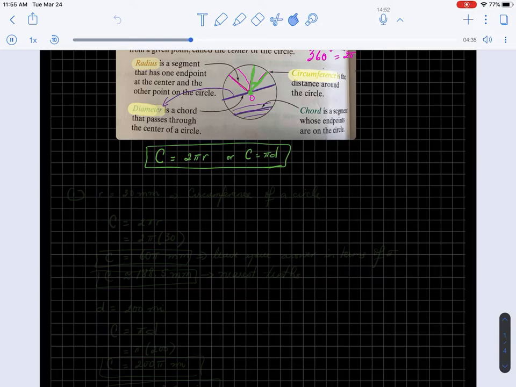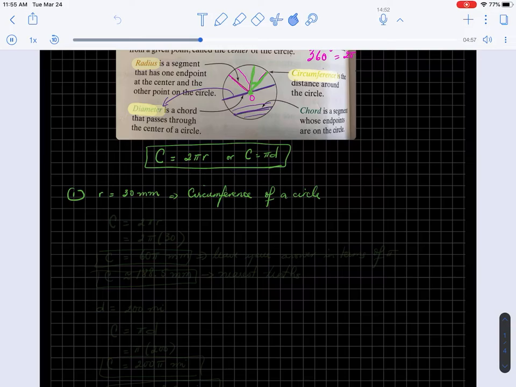Okay, let's take these examples. Let's say I'm giving you the measurement of the radius is 30 millimeters, and I'm asking you to find the circumference of this circle.